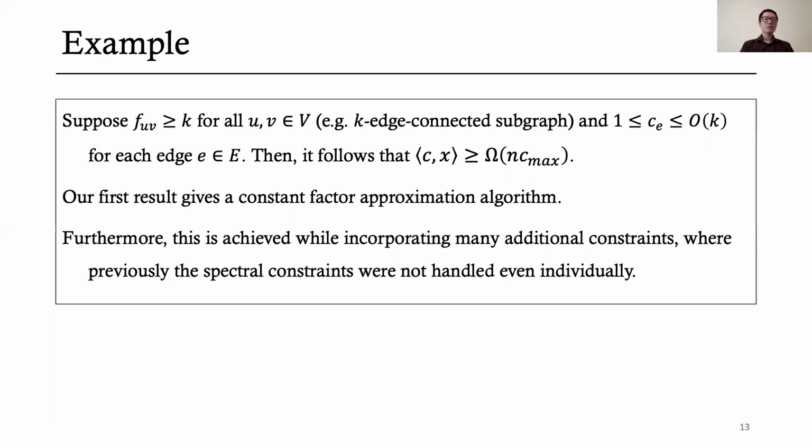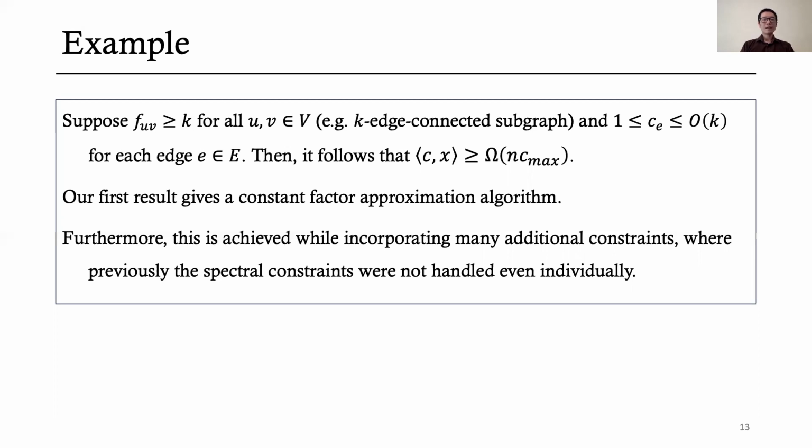Further, we assume all the edge costs are from 1 to big O of k. Then it follows that the fractional optimal value is at least n times C max. Then as we have discussed, our first result gives a constant approximation spectral algorithm to this problem.